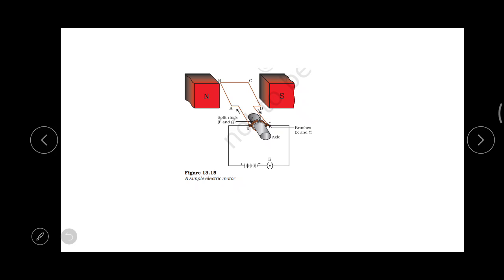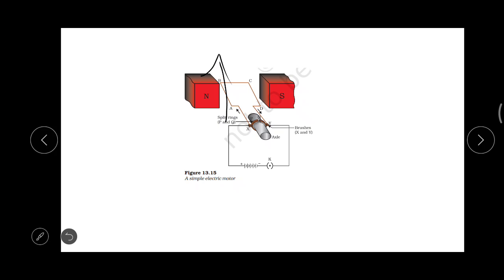Now here you have to apply Fleming's left hand rule. Using Fleming's left hand rule, the current direction should be represented by your middle finger. The current direction is into the plane, or into your screen.